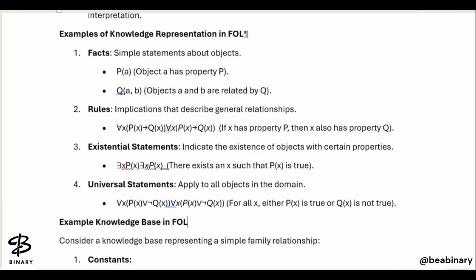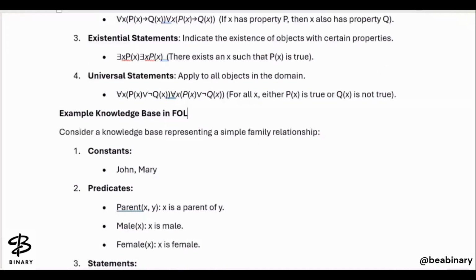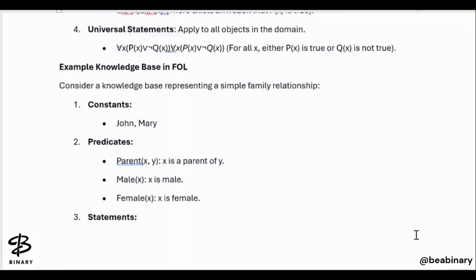Now, what comes under the knowledge base in predicate logic? When we talk about constants in a programming language, constants are simply a value. So consider a knowledge base representing a simple family relationship. Constants are John and Mary.